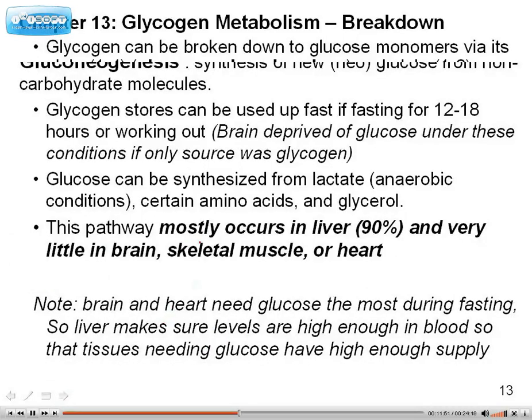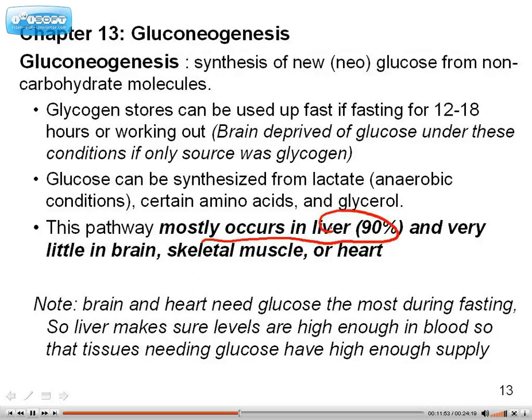This pathway mostly occurs in the liver, and very little in other parts of the body. Unfortunately, it occurs very little in the brain. So the liver has the big job of making all of the glucose so it can be transported to the brain.